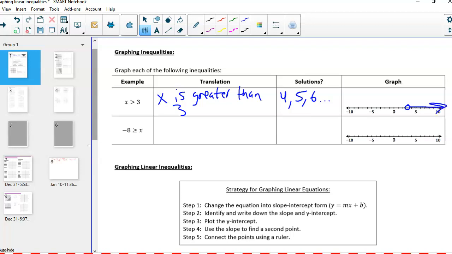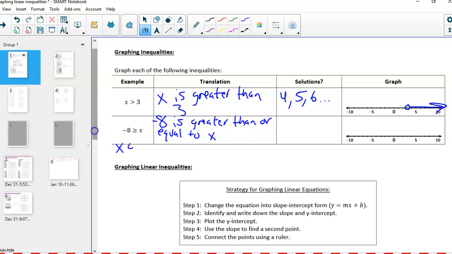Now for this one, we could translate it as is. So as is, how would we translate this? Negative 8 is greater than or equal to x. Now, to find our solutions, it's best if we switch them.